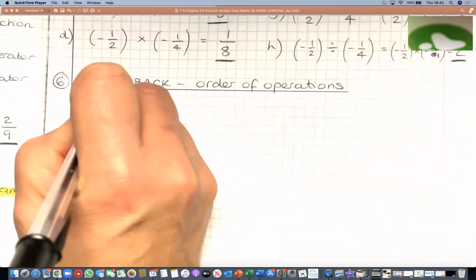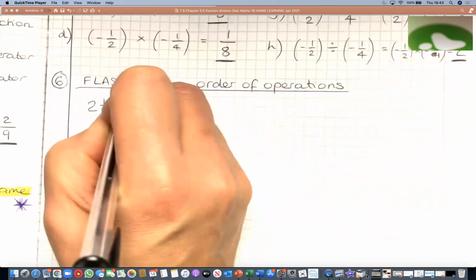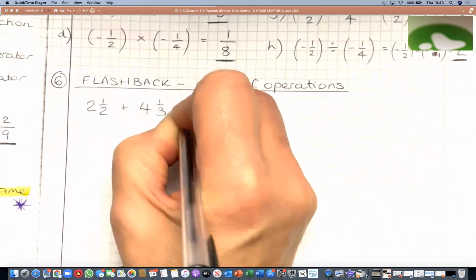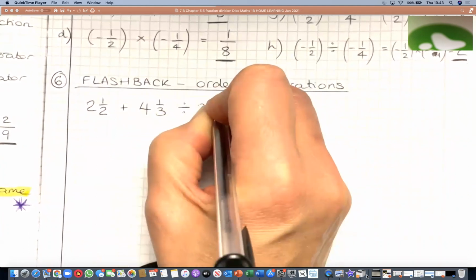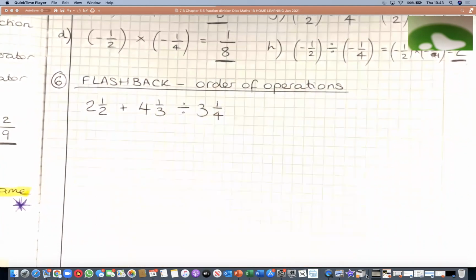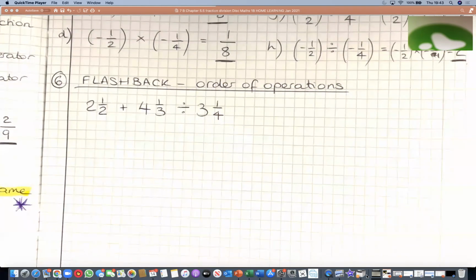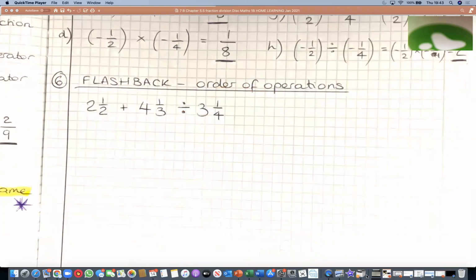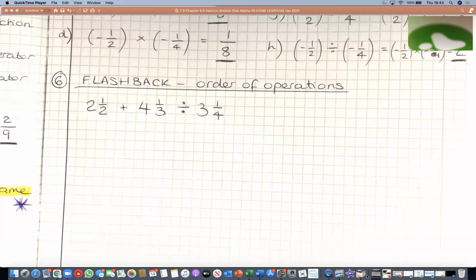I've got 2 1/2. I'm adding 4 1/3, and I'm dividing by 3 1/4. Now, if I'm remembering my order of operations, brackets, indices, division and multiplication are of equal importance, so I move from left to right, and then finally addition and subtraction, also of equal importance.